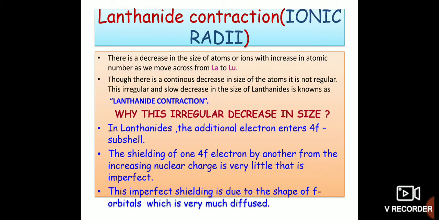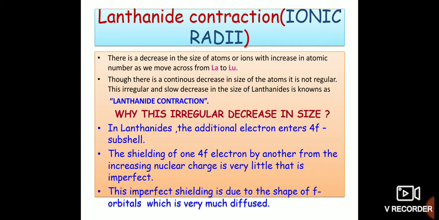And coming to the very important property or concept, that is lanthanide contraction, which is related with ionic radii, as said earlier. So we know that as we move across in a period from left to right, that is from lanthanum 57 to lutetium 71, there will be a decrease in the size of atoms or ions with the increase of atomic number.